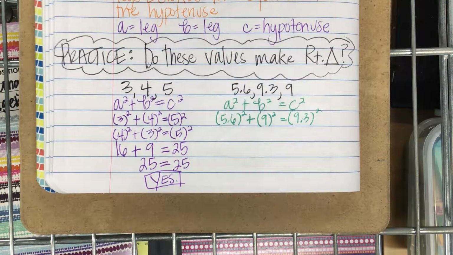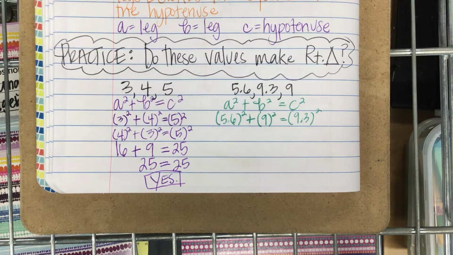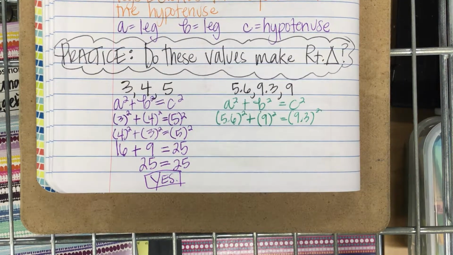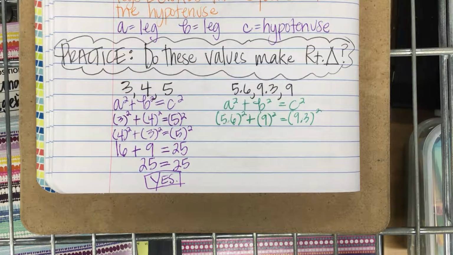Is there another way we can write this and still get the correct answer? Yes. Who can tell me the other additional way of writing it? How else could I write this and still get the right answer?